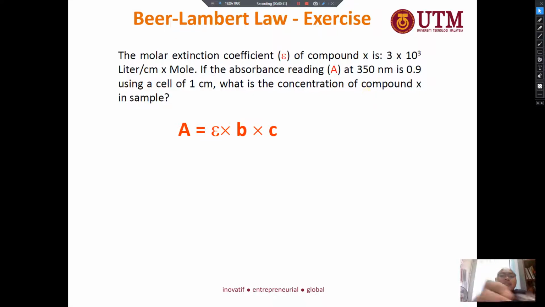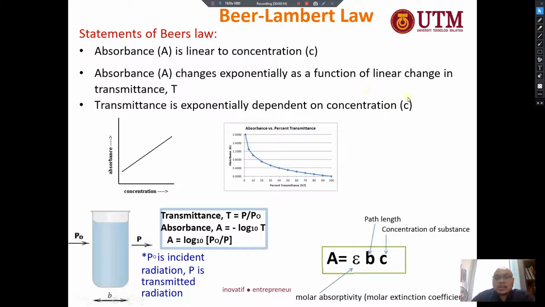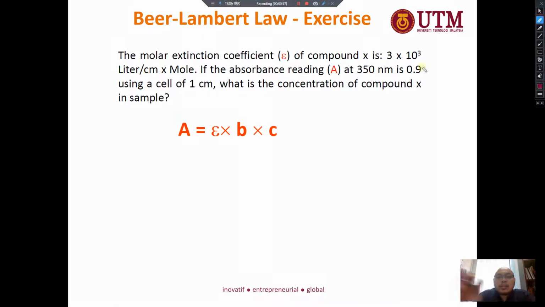I always list my information based on the formula. The question asks about the concentration, so we want to know the concentration of the target compound. What information do we have? What is b? b is the path length, using a cell of 1 centimeter, so the path length is 1 centimeter.